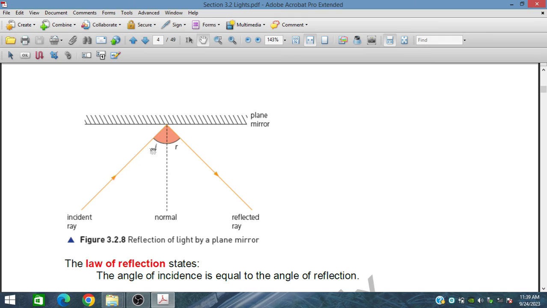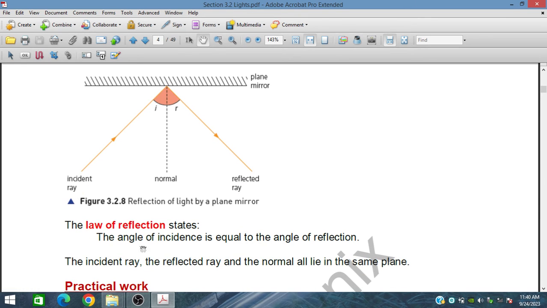This angle R and angle I are always equal, and the incident ray will change its direction like this. The direction is changed, and the law of reflection states that the angle of incidence is equal to the angle of reflection. The incident ray, the reflected ray, and the normal all lie on the same plane. So they are on the same plane.